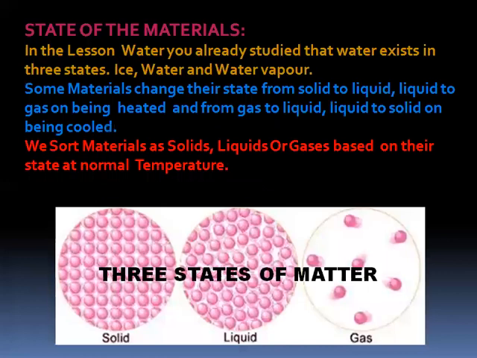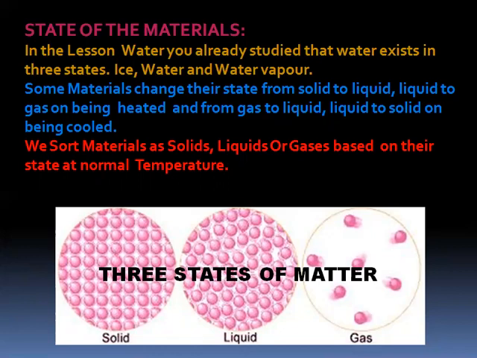Now, states of materials. In the water lesson, you already studied that water exists in three states: ice, water, and water vapor. Some materials change their state from solid to liquid, and liquid to gas on being heated, and from gas to liquid or liquid to solid on being cooled. Isn't it?